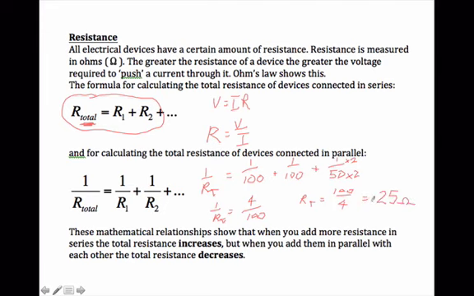So the total resistance of my 3 resistors connected in parallel, 100 ohms, 100 ohms and 50 ohms, is 25 ohms. And just to make sure, this number you get for the total resistance of a parallel circuit is always going to be less than the lowest valued resistor. So in this case, our lowest value is 50, and it's less than that. Always that number is going to be less than the smallest number you've got in here.